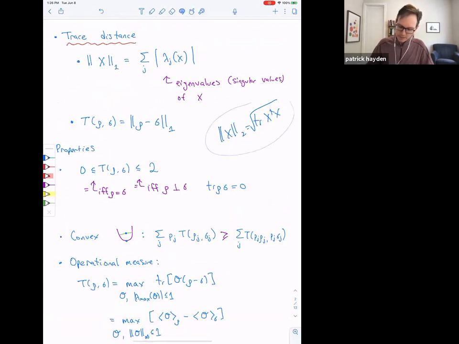But I'll warn you that this other thing that you could write down can be convenient sometimes to calculate, but operationally it doesn't necessarily mean very much at all. So you should be careful if you start measuring the distance between density operators using some ad hoc norm, because the notion of how close or how far you are that you get out of that may not mean very much physically. So that's just a warning.